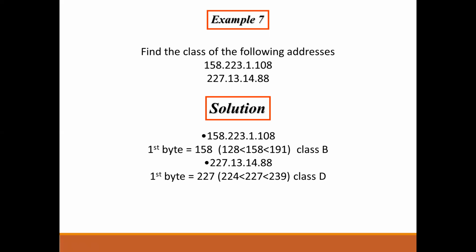We have seen the classful addressing system, in which there are 5 classes: class A, class B, class C, class D, and class E. And we learned how to find out the class of each given address. So like this, we have learned IP addresses, their representation, the classful addressing system, and some examples. So thank you.